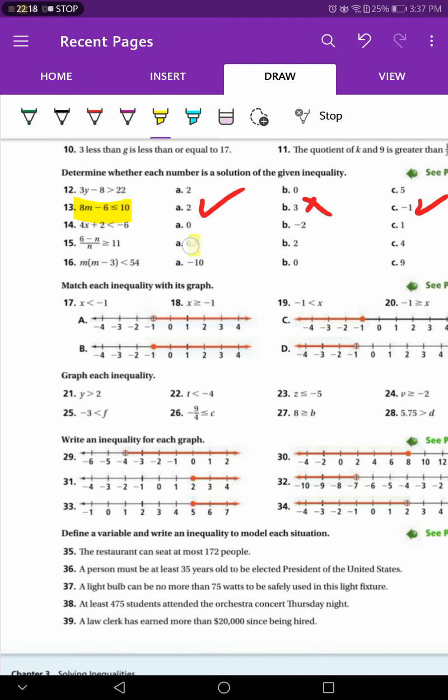You have to take the half instead of n and check if the left side is greater than or equal to the right side or not. 6 minus half is 5 and a half. 5 and a half over half is 11. Is the 11 greater than or equal to 11? Yes. So this is correct. If I want to solve it, we will solve it later inshallah.